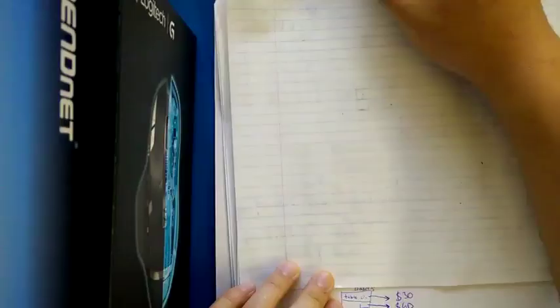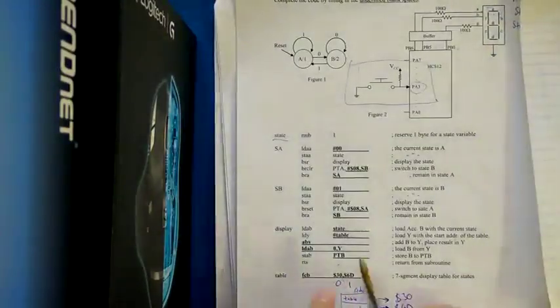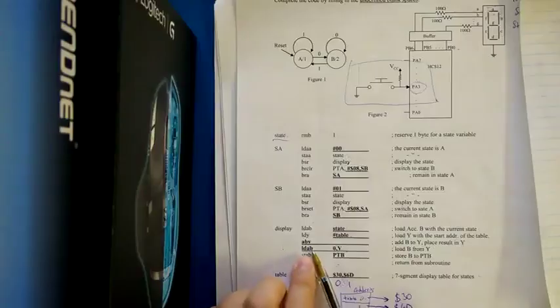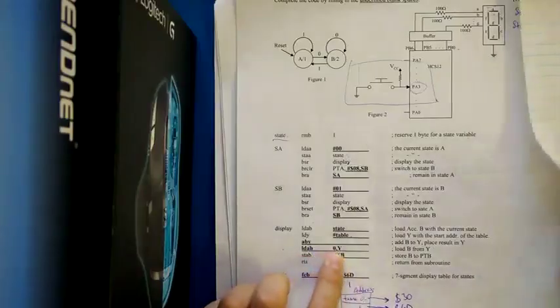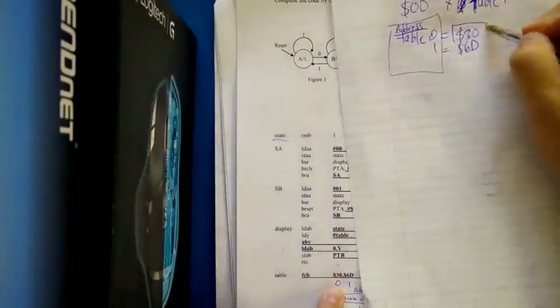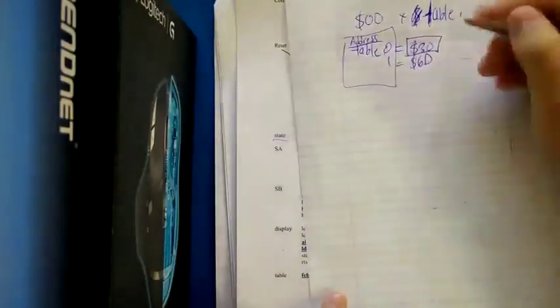And the first position, like I said before, was 30. And then the second position is what? 6D. Okay, so what's going to happen now? After I load accumulator B with 0 plus Y, which is the first position, which is $30, and $30 equals what?